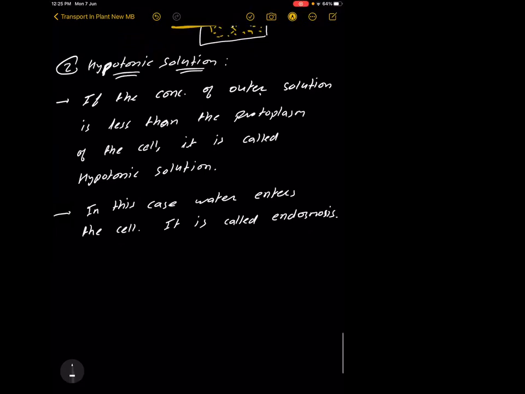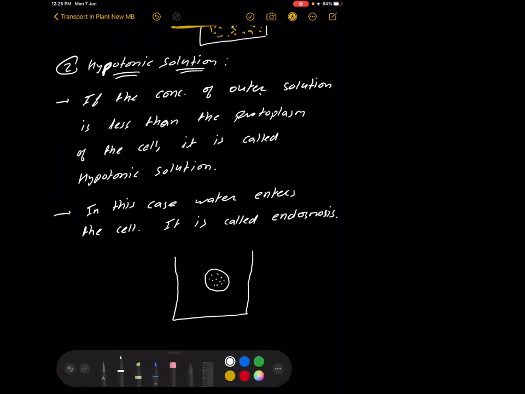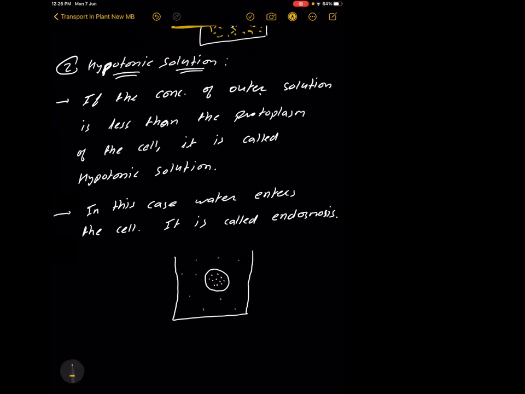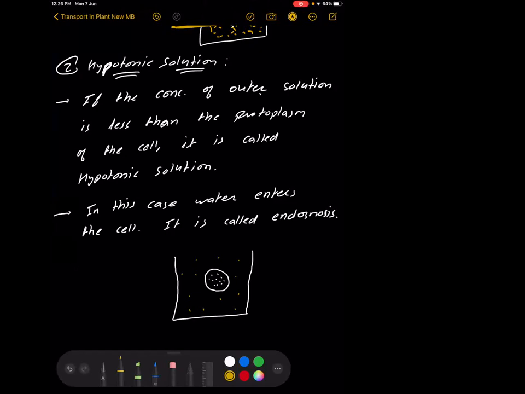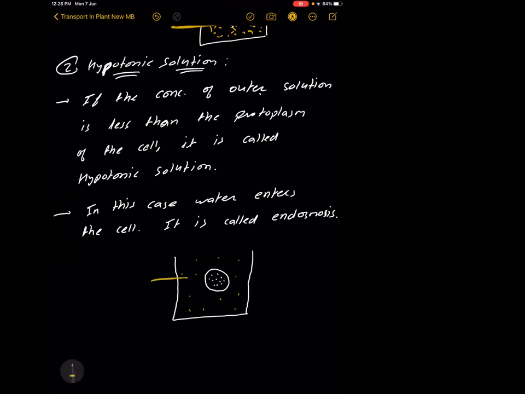This is hypotonic solution. So if the outer solution is less concentrated, it is a less concentrated solution, so it is hypotonic solution.